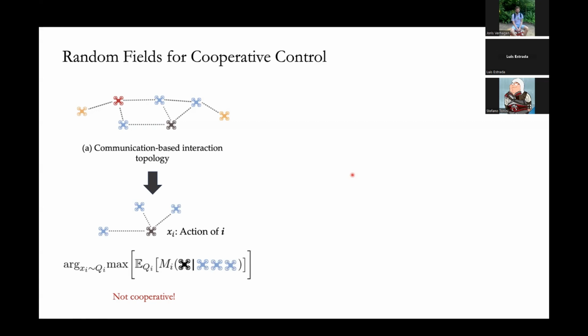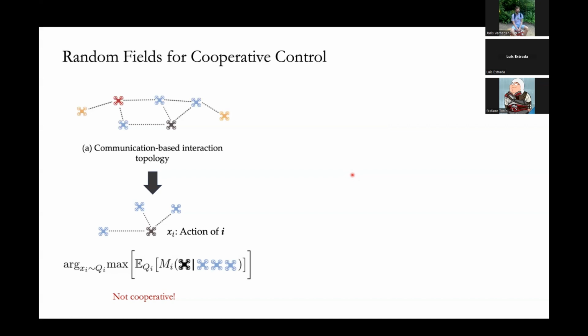Intuitively, we want to come up with an objective function and maximize it for this black robot. So Mi in this case is the black robot's objective function conditioned on the state of its local neighborhood. We want to calculate the probability distribution over its actions, which are xi, and the marginal distribution of that is qi.